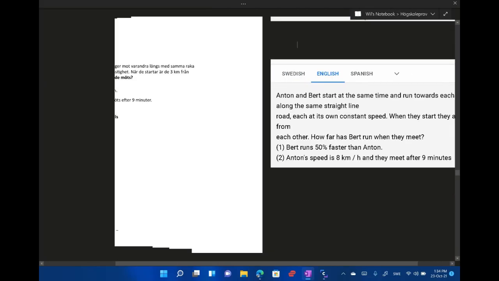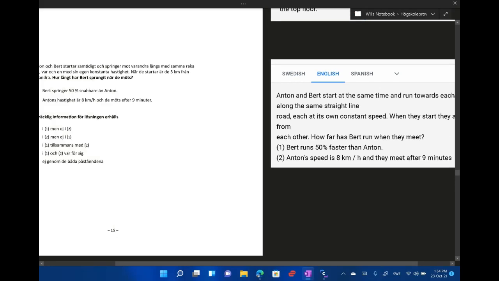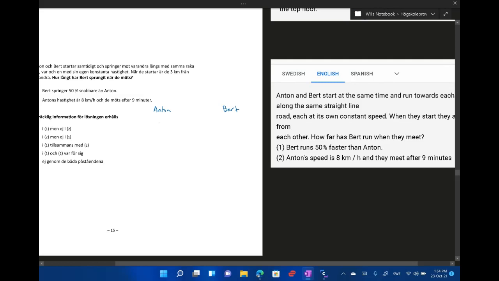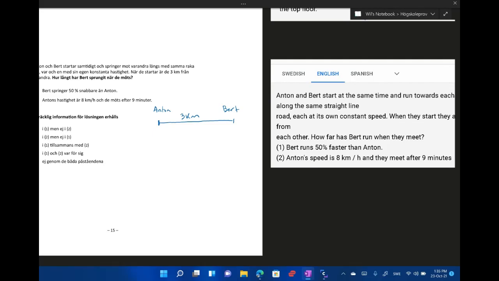So we know that these two guys, Anton and Bert, are 3 kilometers away from each other. In clue number 1, it says that Bert runs 50% faster. So we do know that Bert is running faster than Anton, but we don't know how much faster.